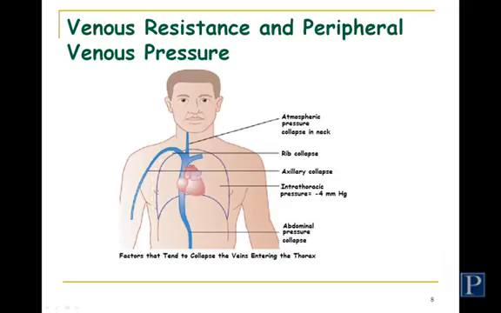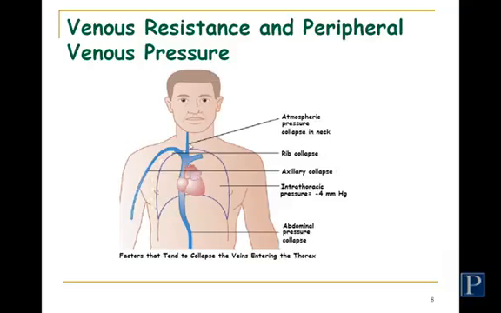So examples would be as the veins enter the thorax. You got veins entering the thorax, you can get some compression. You can also get compression of veins in the arms at the first rib, just because the rib's compressing it. You have low pressure in the neck just because of atmospheric pressure.